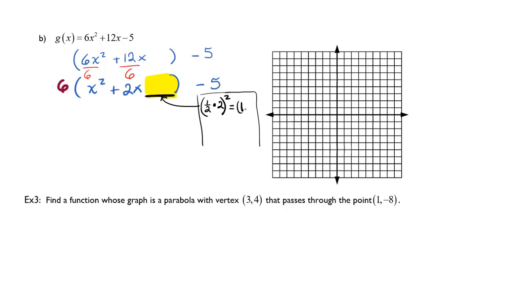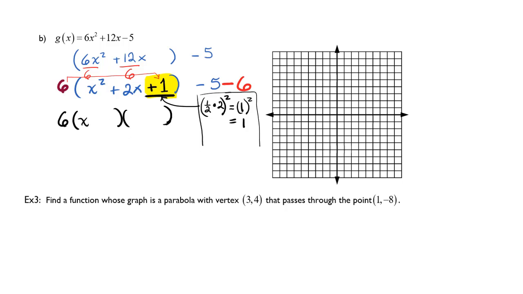When I add 1 on the inside, that's equivalent to 6 because of the 6 out front being multiplied to everything in parentheses. So if I added 6, I also have to subtract 6 on the outside. Now I have 6 times the perfect square trinomial, which I can then factor to x plus 1 times x plus 1.